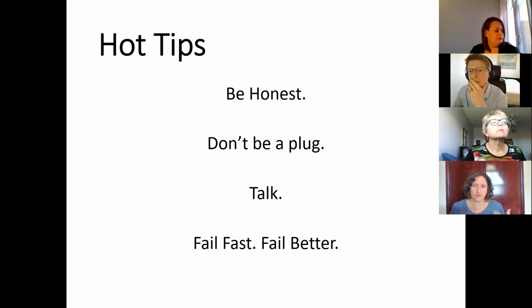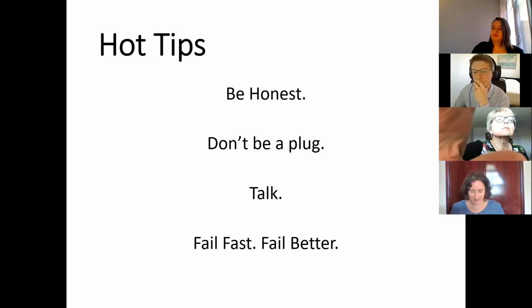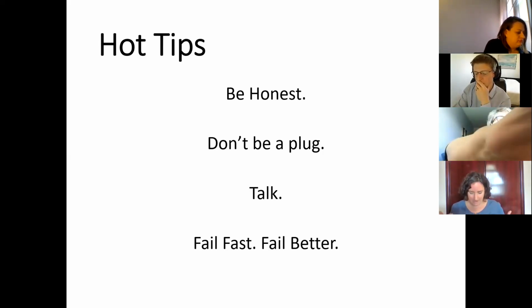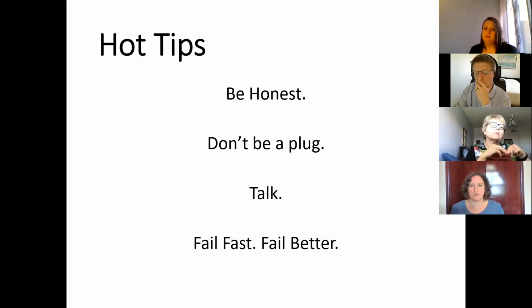And then my last point is this: fail fast, and fail better. If anyone had all the answers, we wouldn't find ourselves at the brink of an ecosystem collapse. So I think all our sectors, the NGO world, government, we're all trying to transform and adapt in a way that makes our work relevant and has an impact. We all wake up in the morning to try and make an impact, right?